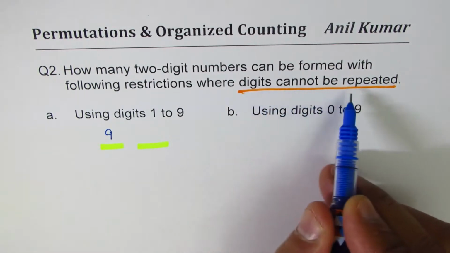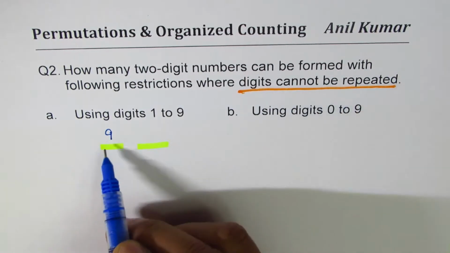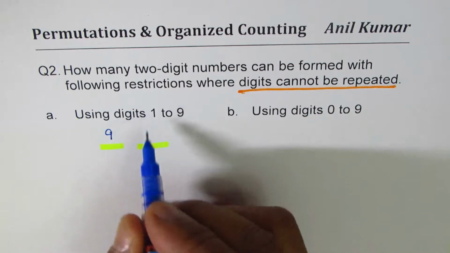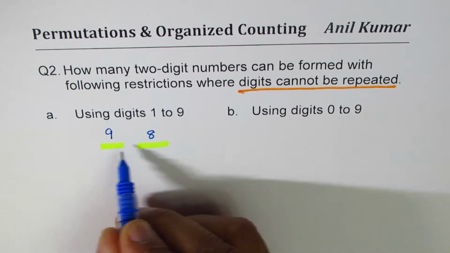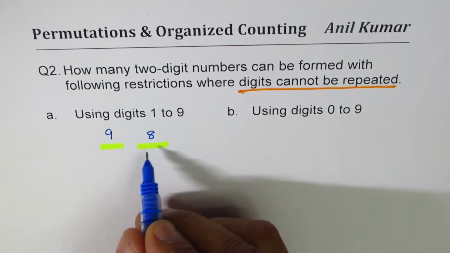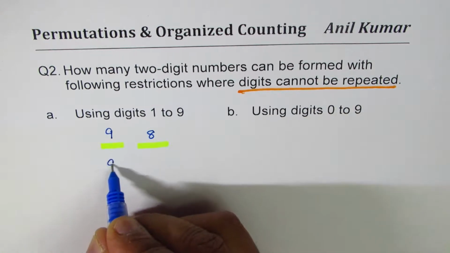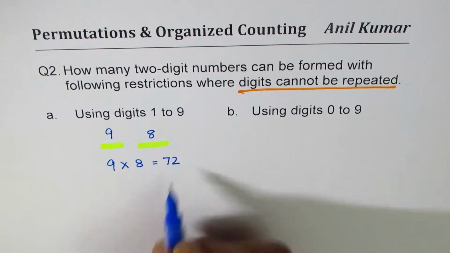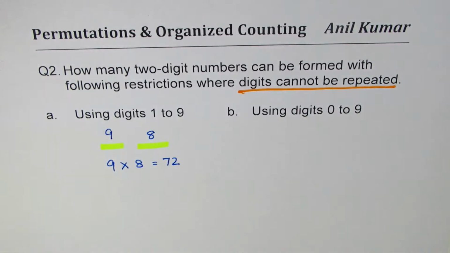Since the numbers are not being repeated, whatever you fill here cannot be filled in the ones place, so we're left with 8. Now using the product rule, the combinations are 9 times 8, which is 72. That is how we get the answer by counting principles.